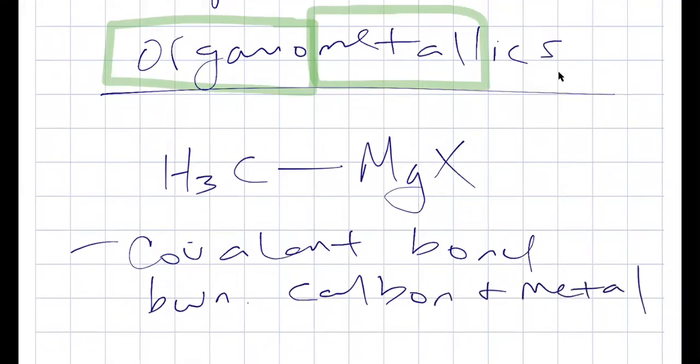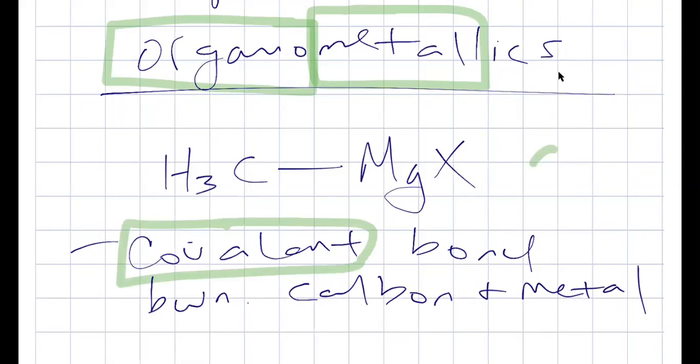We're going to talk about 2 different types of organometallics, well, really 3, but one of them only in passing. One of the things about the organometallic, again, it's an actual covalent bond. It's not ionic, but you can think about it like this.